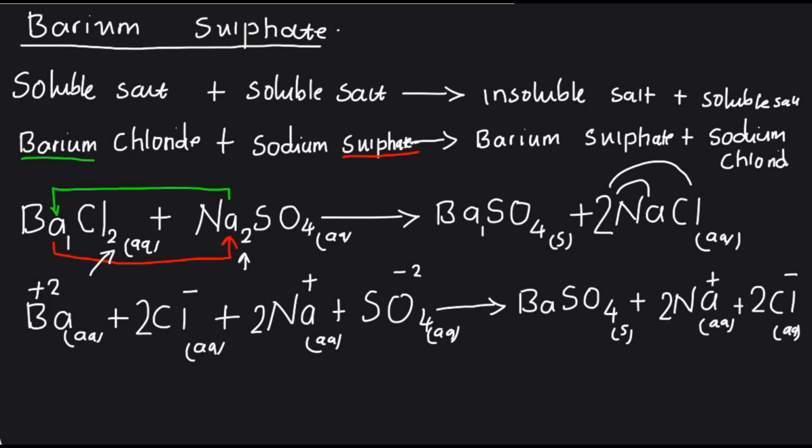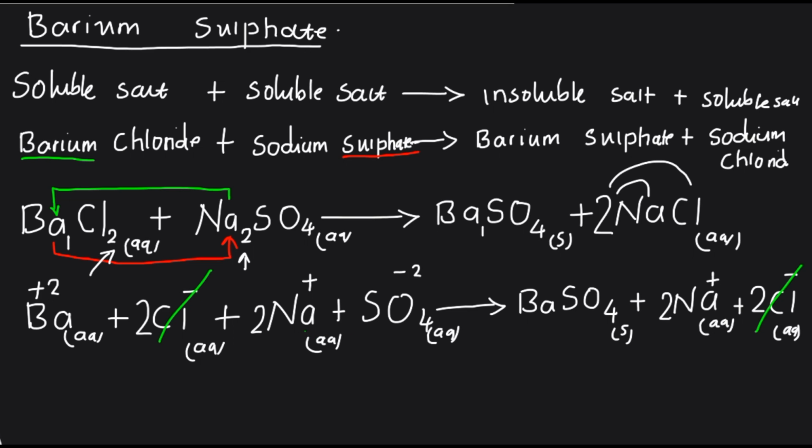Now let's say the question is net ionic equation. So the net ionic equation is where you remove the spectator ions. So the spectator ions are the ions that are in the same state on both sides of the reaction. So let's look at barium: it is in aqueous, then on the product side it is in solid, so it's not a spectator. Chloride is a spectator.